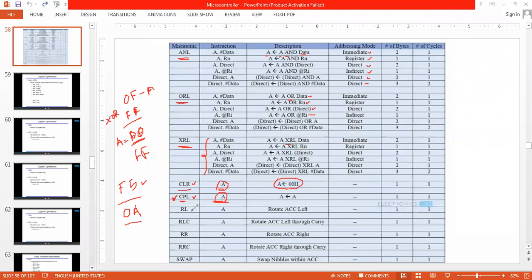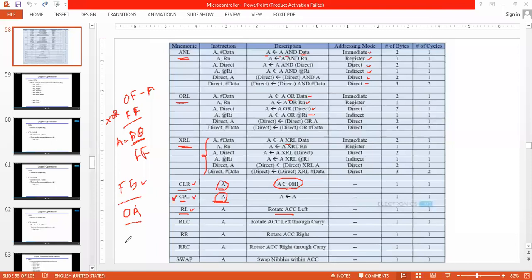Okay. Then I have RL. Rotate left. Rotate accumulator to the left side. Make it clear, what is the question? Complement. See, F5 is there, no?